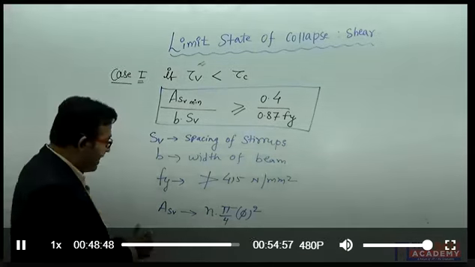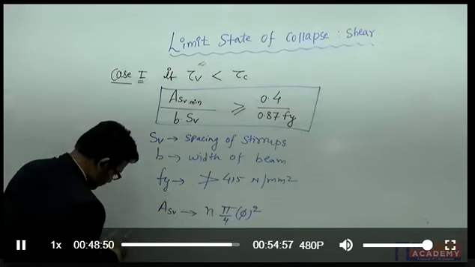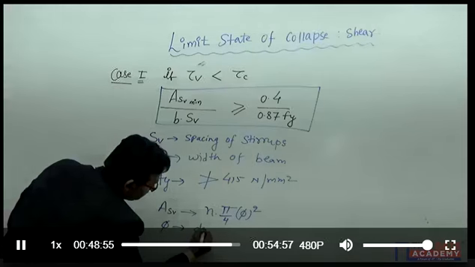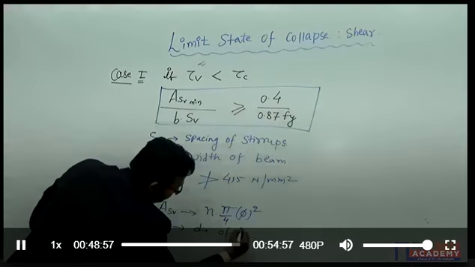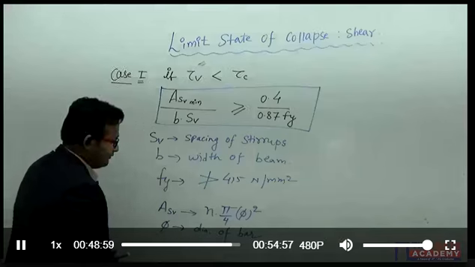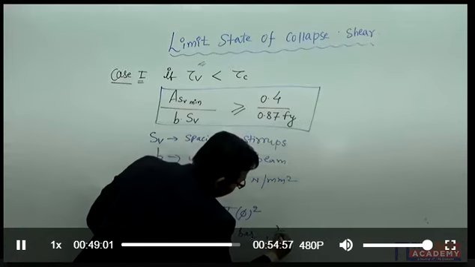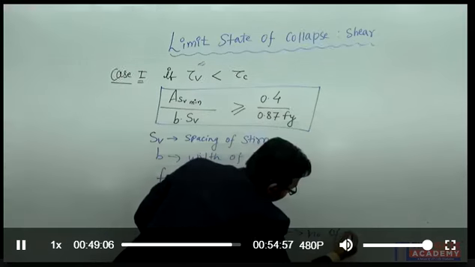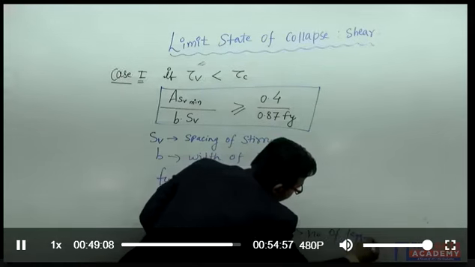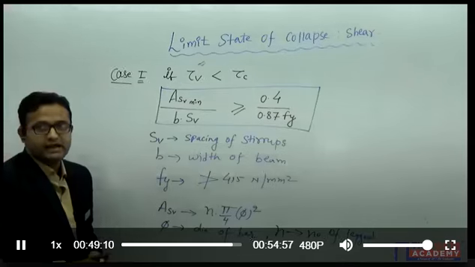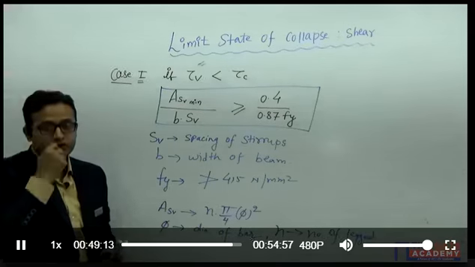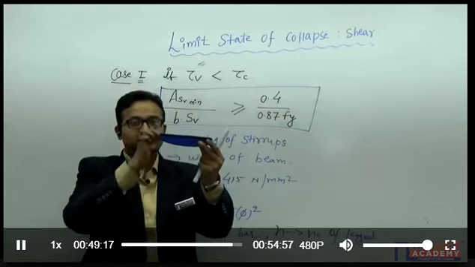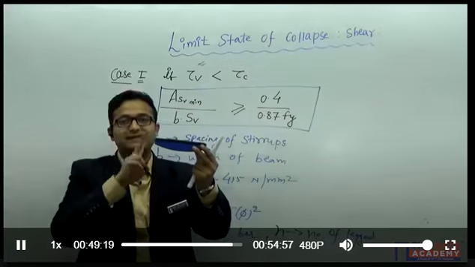Phi is the diameter of bar, and N is equal to the number of legs. So in the beam, suppose this is the beam, we provide the stirrups like this. It means we have provided 2 legged stirrups.